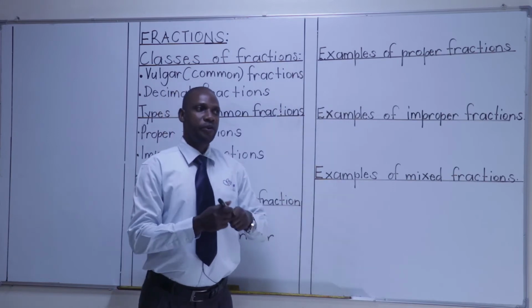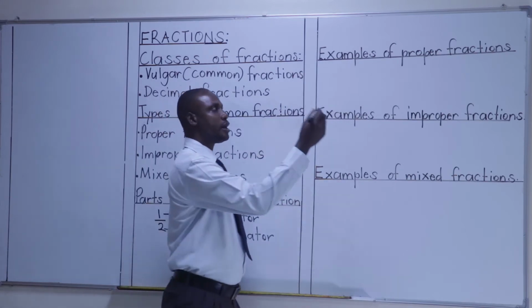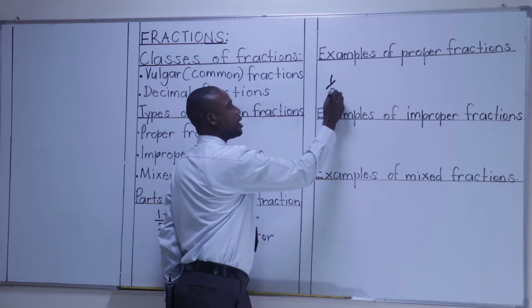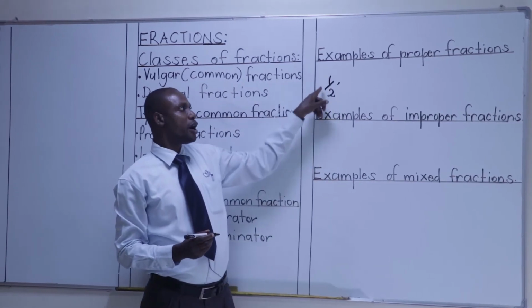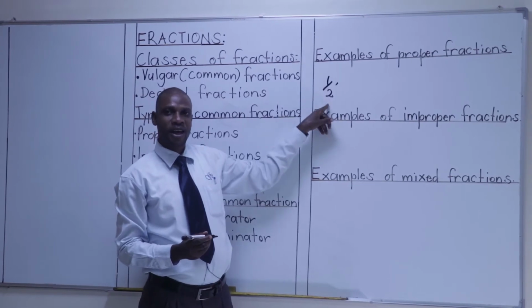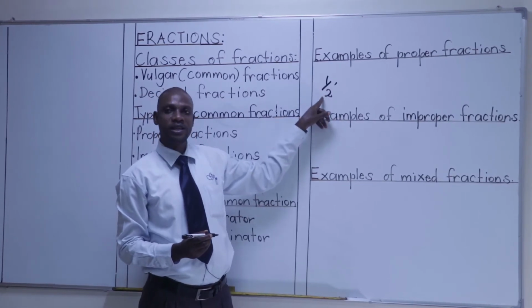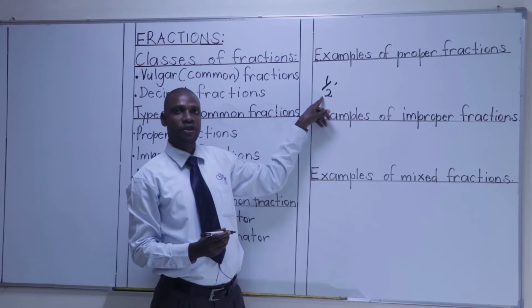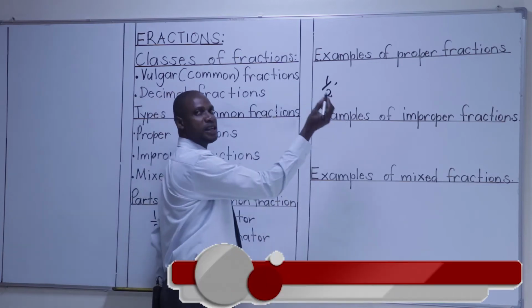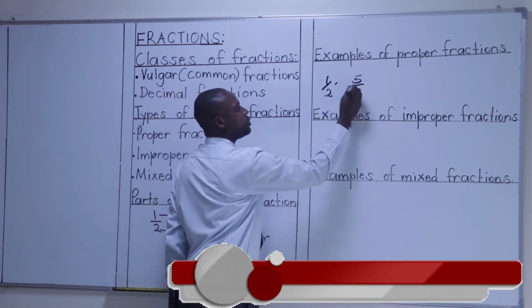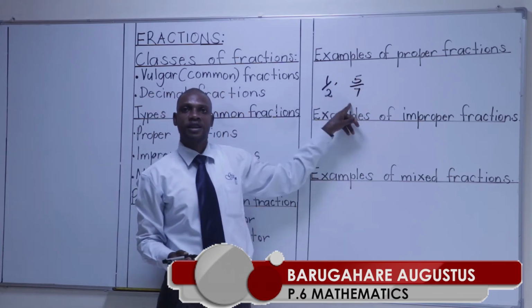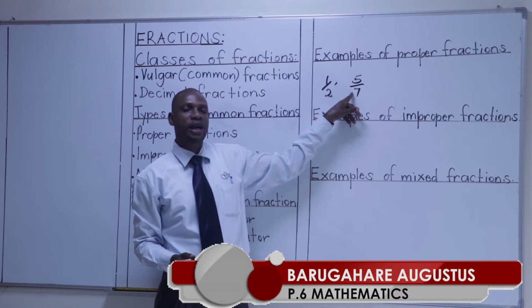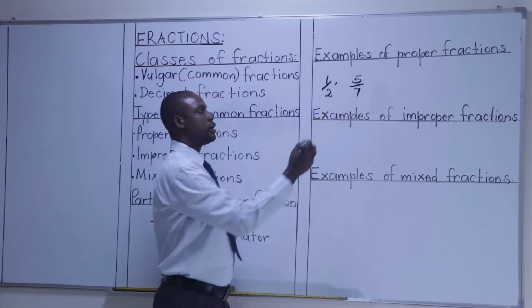So when we look at the examples, we have got a half. So 1 out of 2, 1 is smaller than 2. Therefore, this one is a proper fraction. We can have another example, which is 5 out of 7. When we look at this fraction, 5 is smaller than 7, and therefore it is a proper fraction.